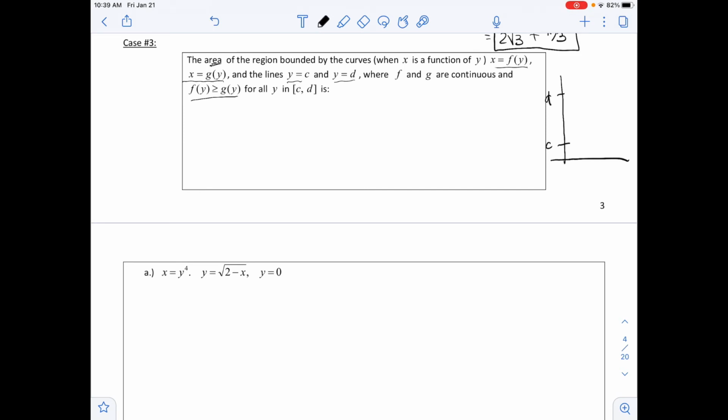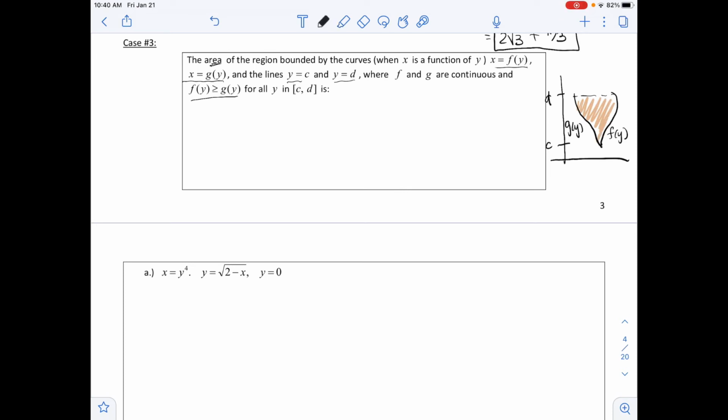And I'm going to go ahead and draw my function. This is f of y. And I'm going to go ahead and draw my g of y also. We'll say g of y. And so we're trying to find that area between c and d, which would be this region in here.